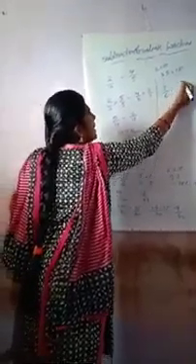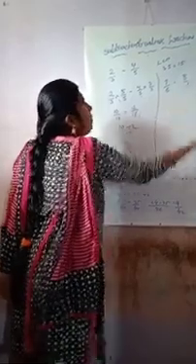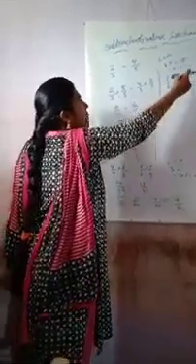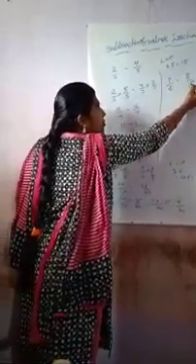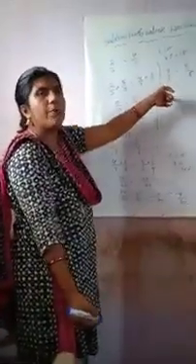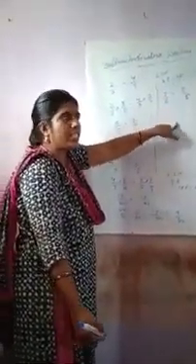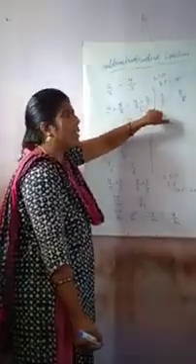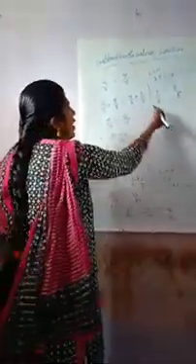Another example, see children. 7 by 6, 8 by 5. Which fractions are these? Unlike fractions. First step, change to like fractions.